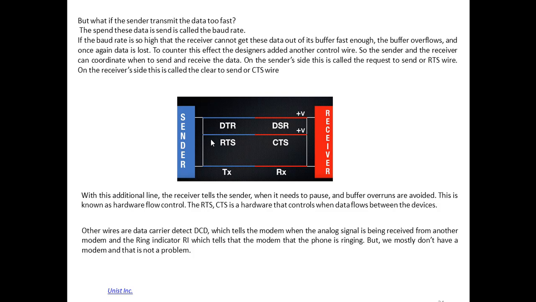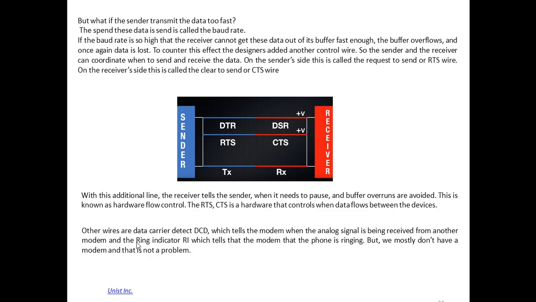But the instrument that has all these pins on and active is basically the better instrument. That means that it is considering all the possible errors that can happen. There are also some other wires, called data carrier detect or DCD, which tells the modem when the analog signal is being received from another modem, and the ring indicator, which tells the modem that the phone is ringing.